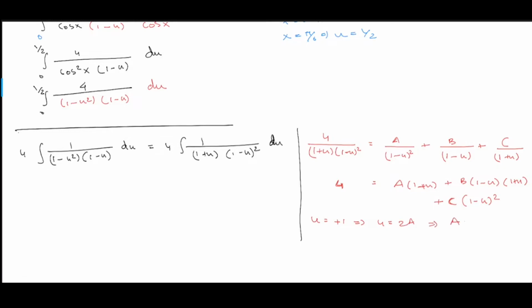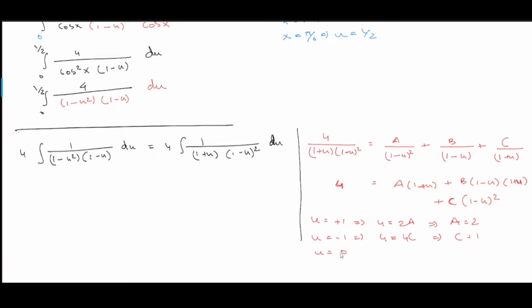That gives A equal to 2. And for u equal to minus 1, the A and B terms become 0, so 4 is equal to C times 1 plus 1 whole square, which is 4C, and C is equal to 1.